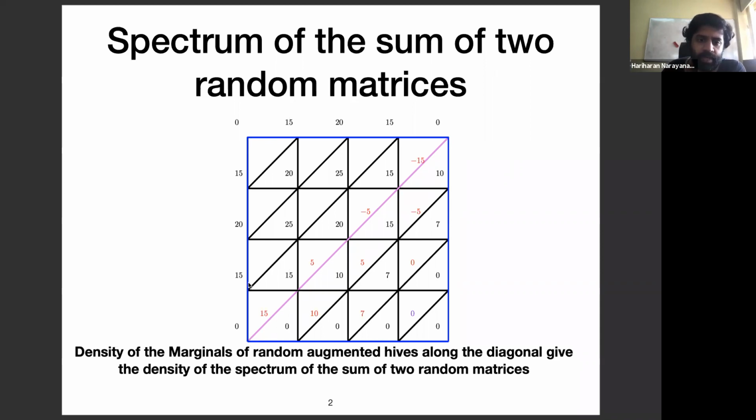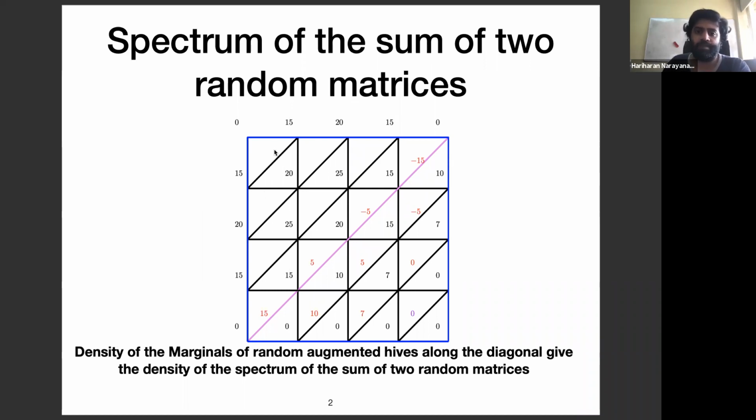So 0, 15, 5, -5, -15. And now similarly, I'm going to assume the spectrum of Y is the same, so it goes up by 15, goes up by 5, goes up by -5, goes up by -15. Okay, the bottom row is always 0.